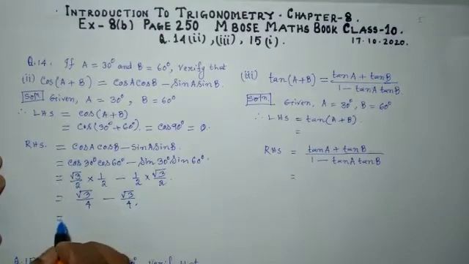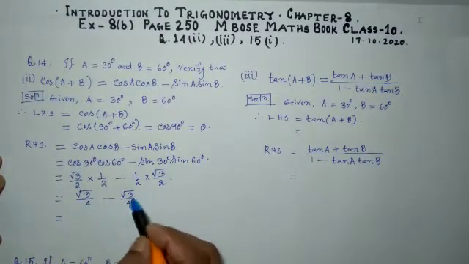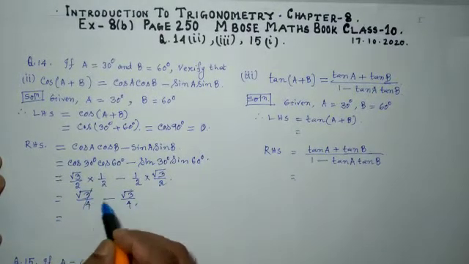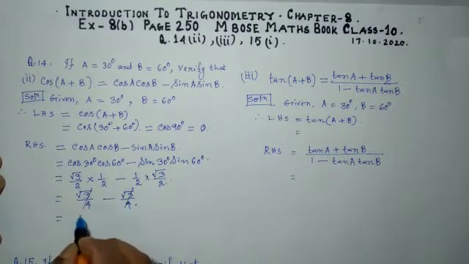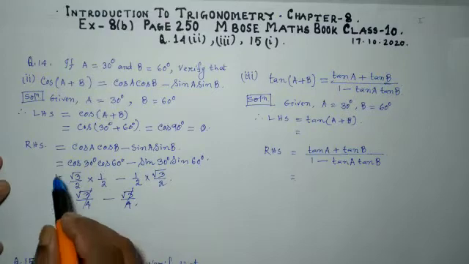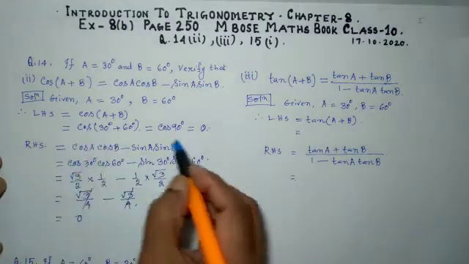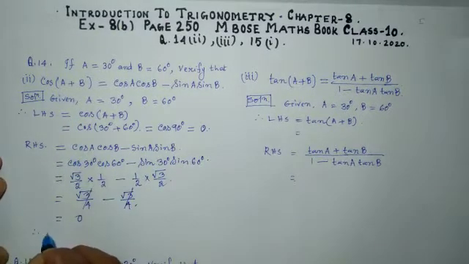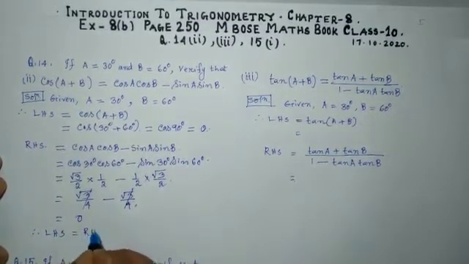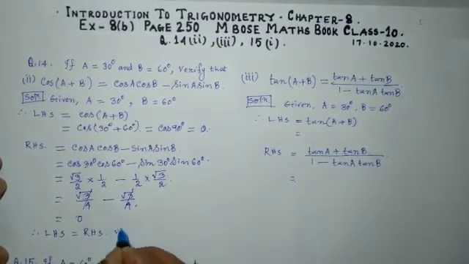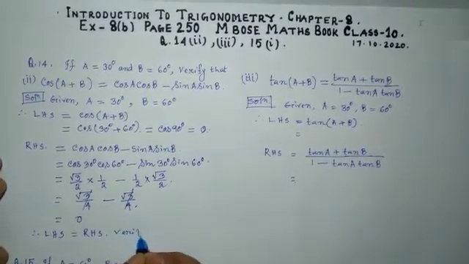So what we see here, root 3 by 4 is plus and root 3 by 4 is minus. So we can cancel them directly. So we get here 0. Then value of right hand side is 0 and left side also 0. So we can write therefore left hand side is equal to right hand side. Then question is verify. So we can write verified.